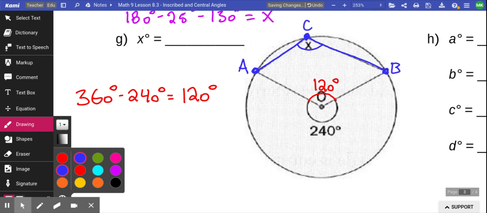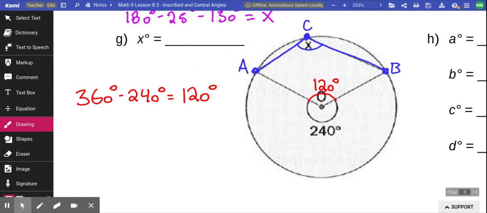I'm just going to call that point C. And inscribed angles are half of the central angle. But what is the central angle here? What most people want to think is that 120 is the central angle, but it's actually not. So the central angle here is from A to the middle to B, but it's this angle right here.